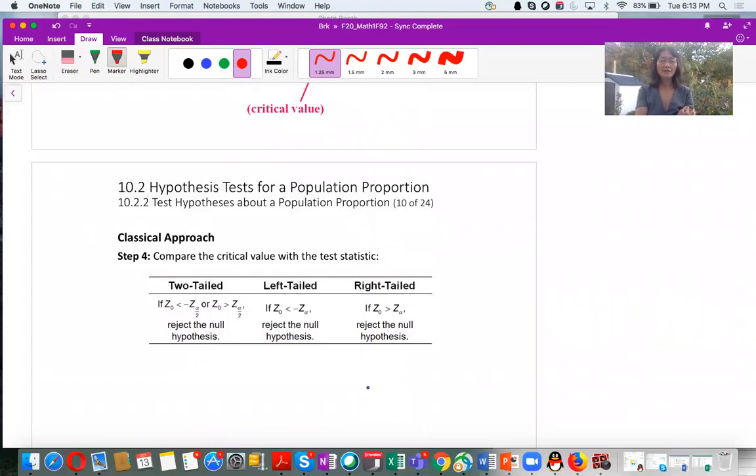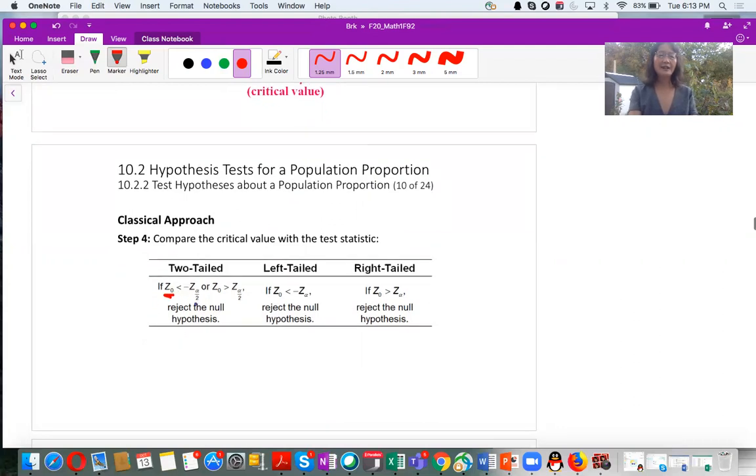So how do we write down the rejection region? When you have a two-tailed test, where z subscript 0 represents the test statistic, if the test statistic is smaller than negative z half alpha or the test statistic is greater than positive z half alpha, you reject the null hypothesis.